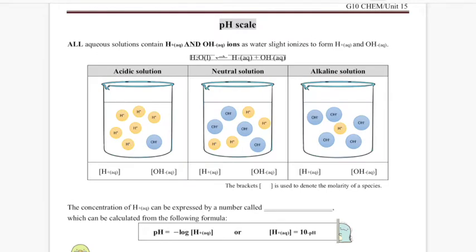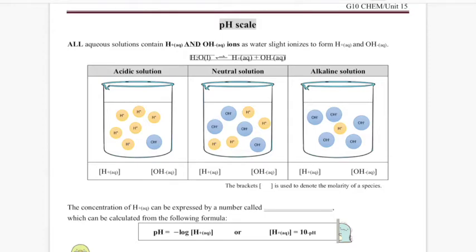Today's lesson, I'm going to introduce what is pH value and how we can calculate and measure pH value. So in order to understand what is pH, I need to tell you a piece of information first.